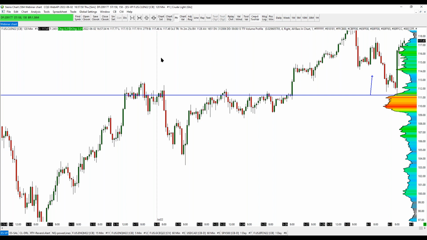And I switched to Sierra Chart in 2016. I never looked back. I loved it. I enjoyed it.